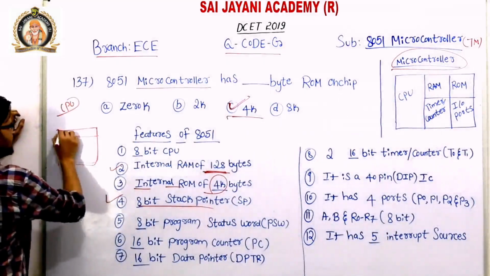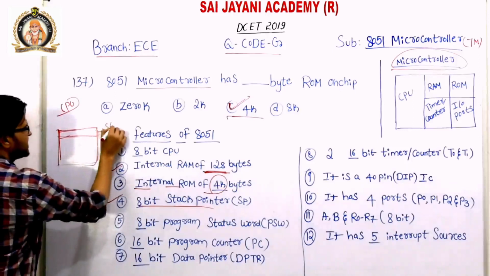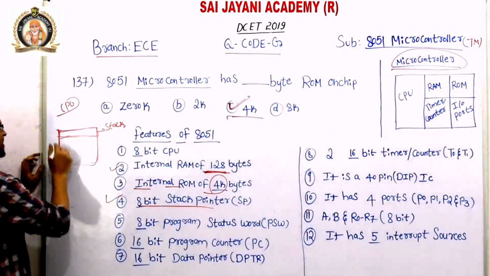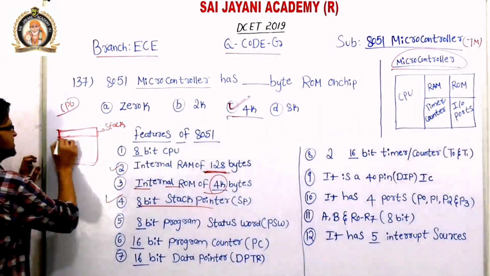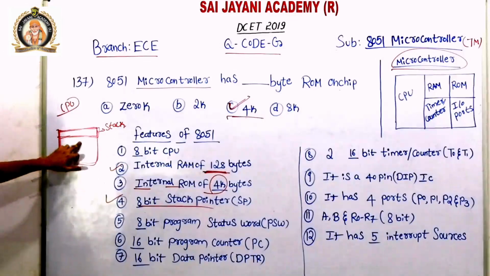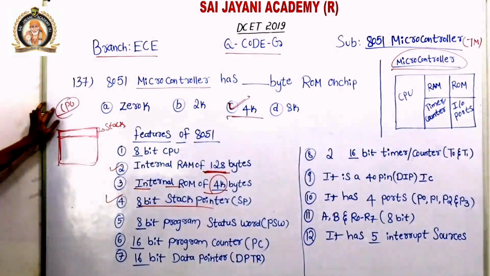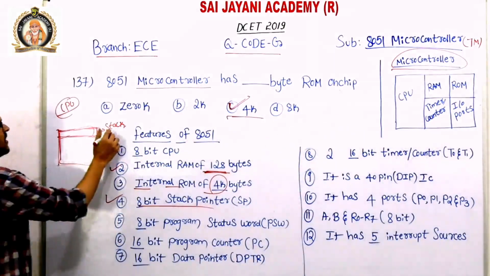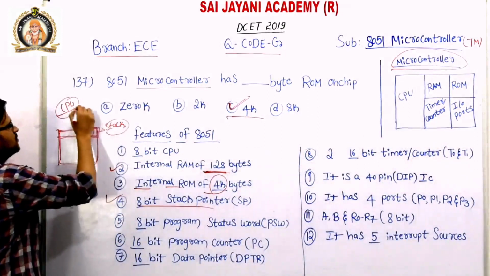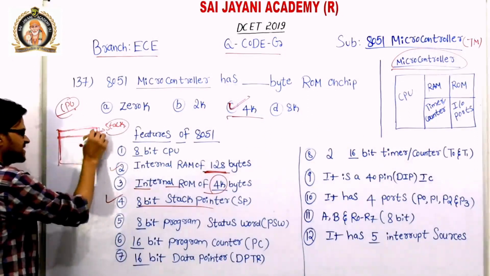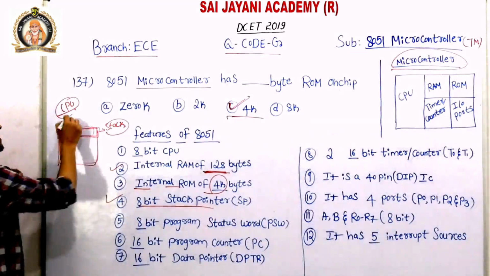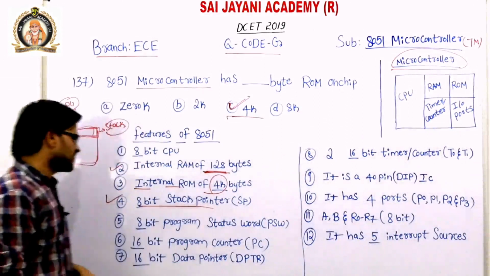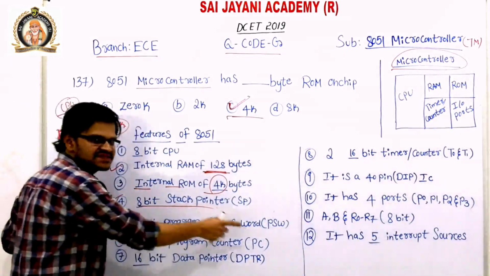This space is called the stack, and the CPU stores values in this stack or retrieves the data from the stack with the help of the stack pointer, so it has an 8-bit stack pointer.